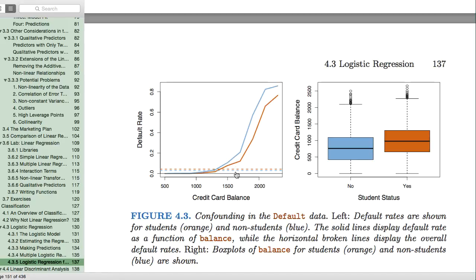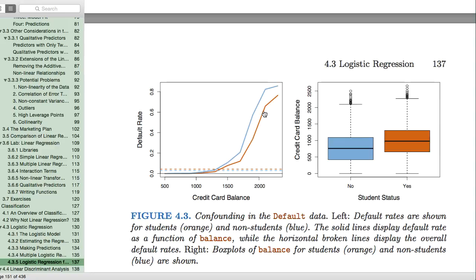So these curves, I should point out, are the overall default rates, and these are the rates for students and non-students. So for every value of balance, the default rate for a non-student is above this line.